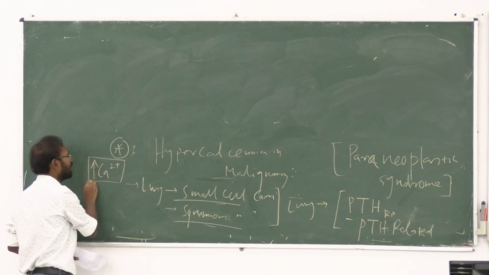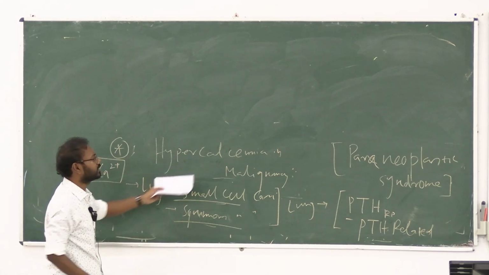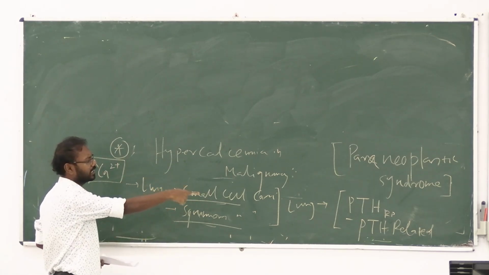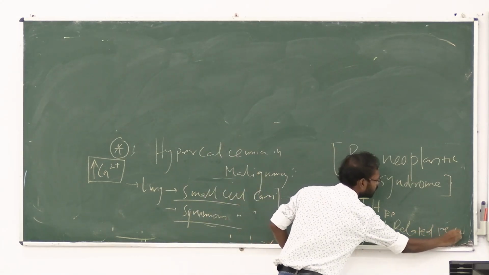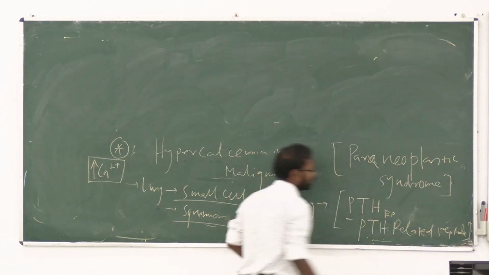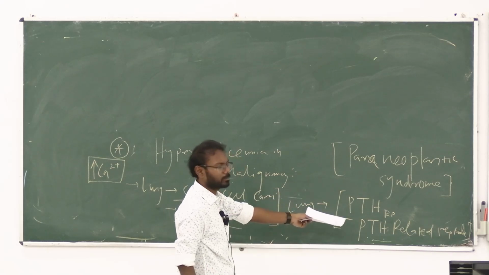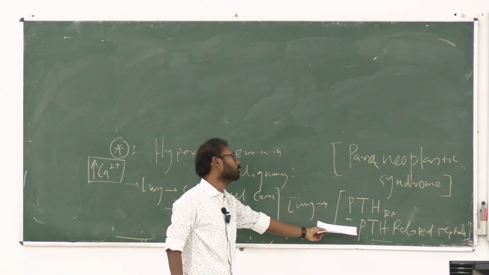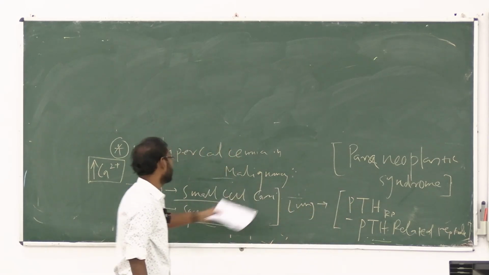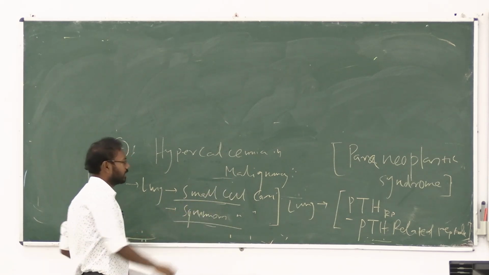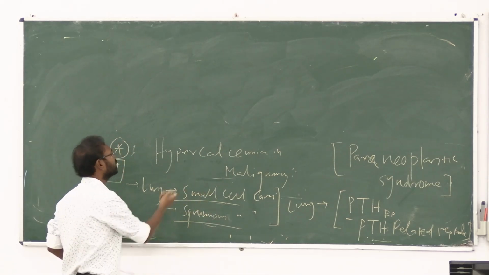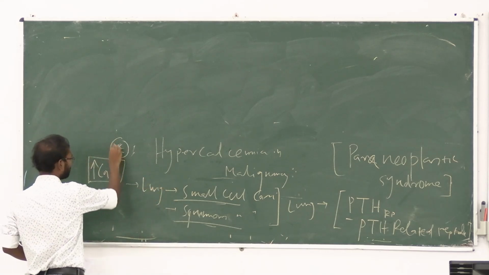So that is hypercalcemia in malignancy. PTH related peptide is responsible for this, and this can be used as a marker in these cases. A high amount of PTHrP can denote there is a chance of paraneoplastic syndrome carcinomas in lung. So this is a very short note.